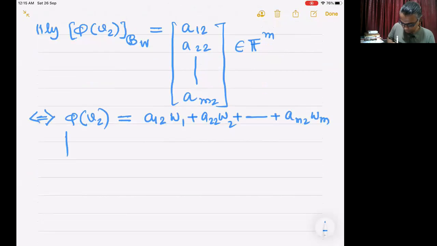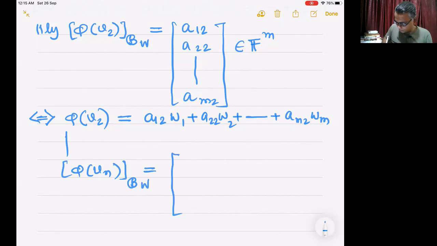Likewise, continuing like this, we get phi acting on Vn. Suppose its representation in BW is given by A1n, A2n, up to Amn, a typical vector in F^m.